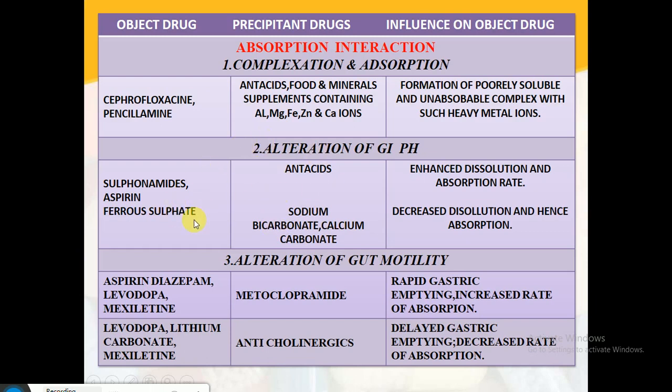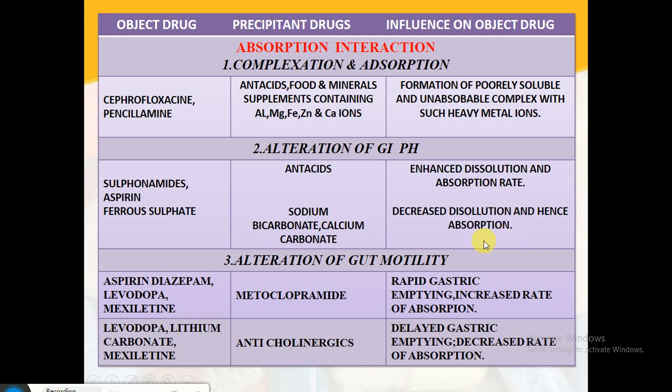As we have discussed, two drugs are going to interact with one another. What will happen when they are used in combination? It will directly increase the dissolution and absorption rate. It also comes under the category of drug-drug interaction, and it can also decrease the dissolution and hence absorption.